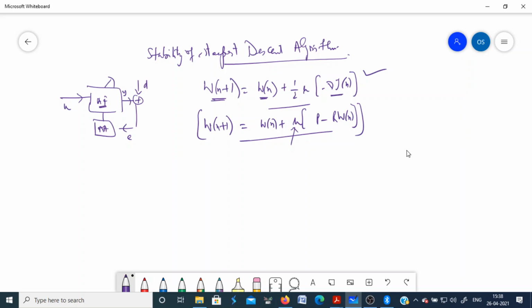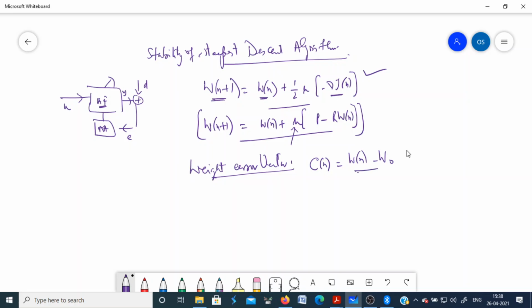In order to discuss this stability, we start from a weight error vector. We define the vector Cn, which is the difference between Wn and Wo.